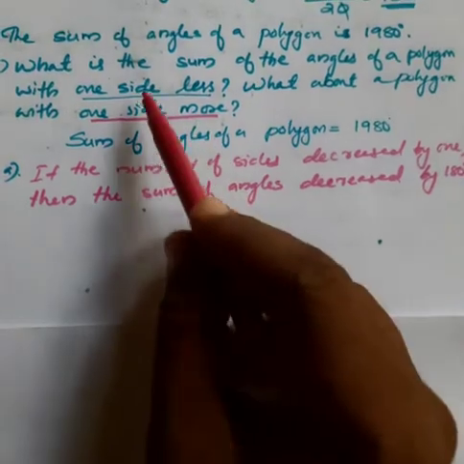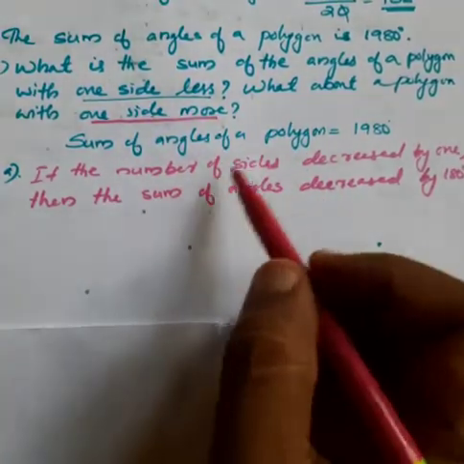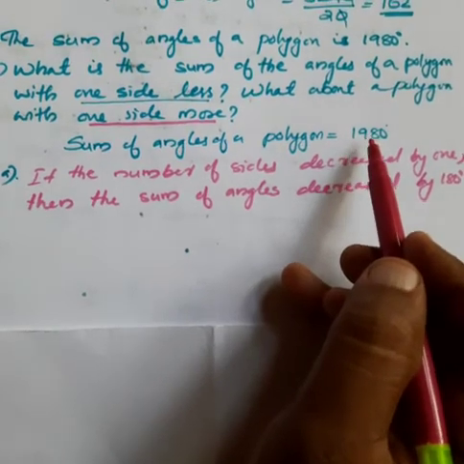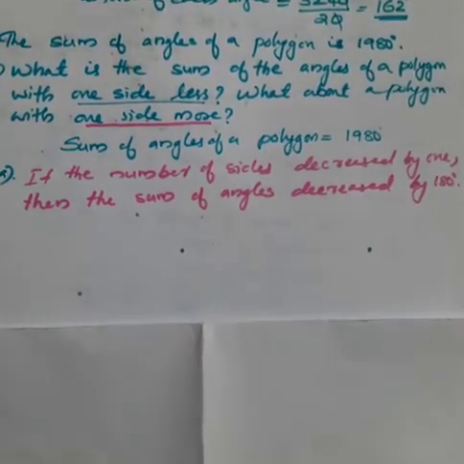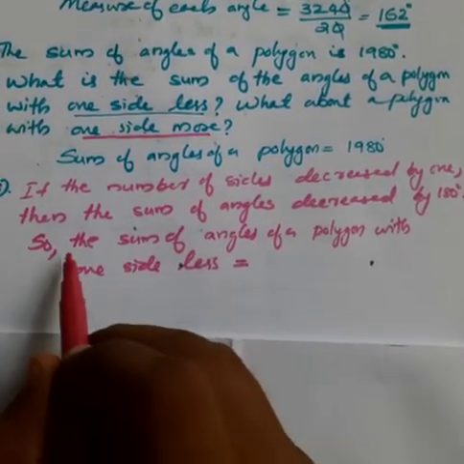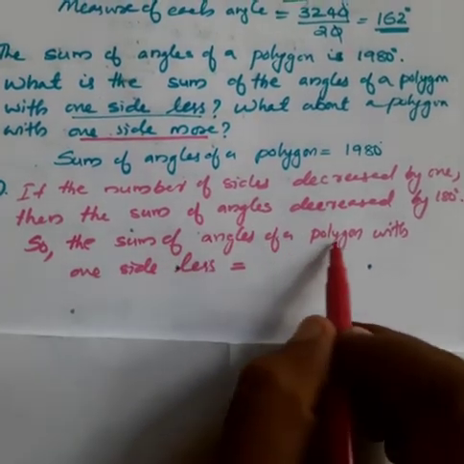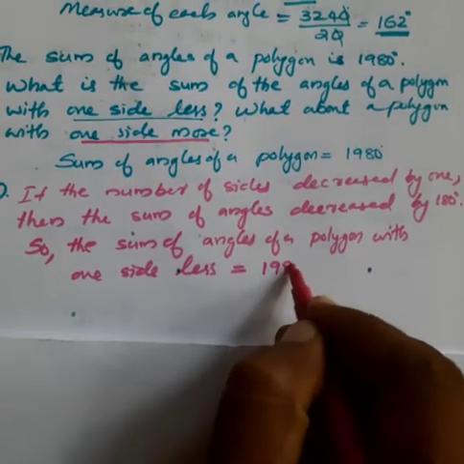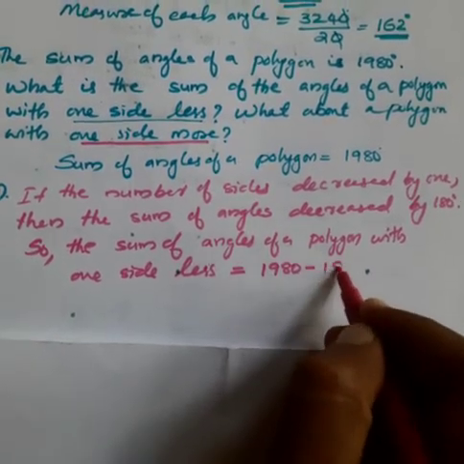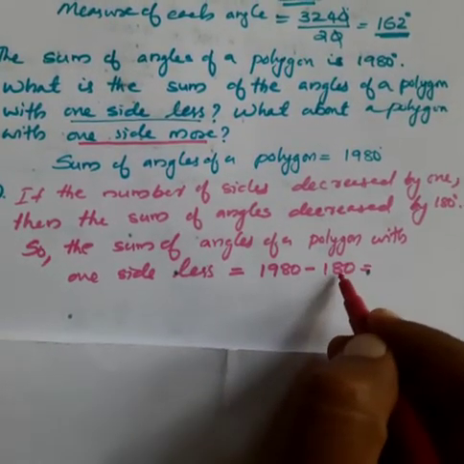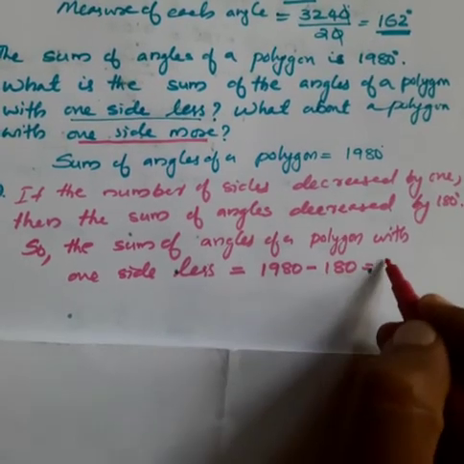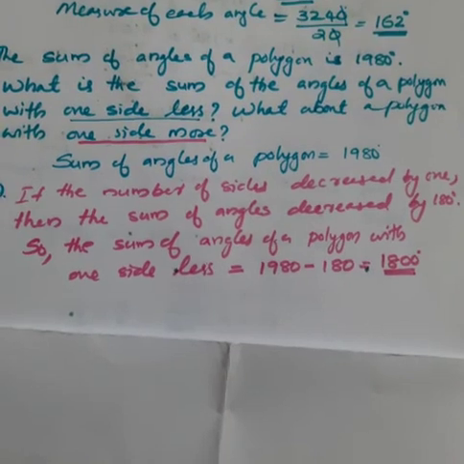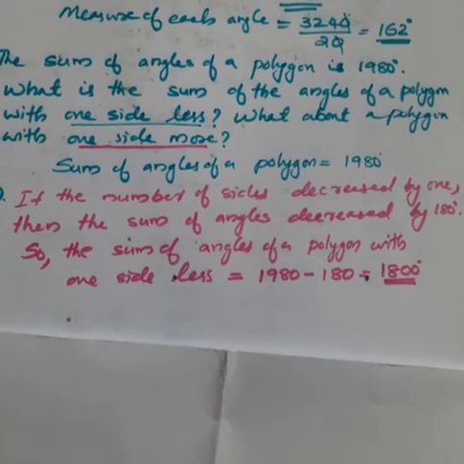So you have to subtract 180 from 1980. The sum of angles of a polygon with one side less is 1980 minus 180. How much will we get? 1800 we will get.